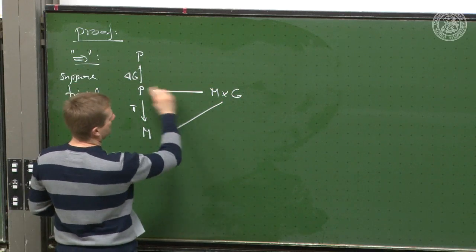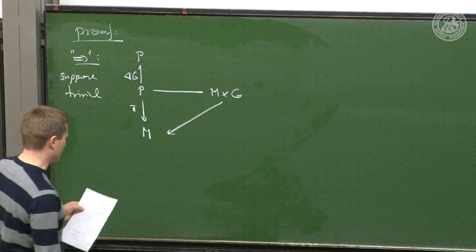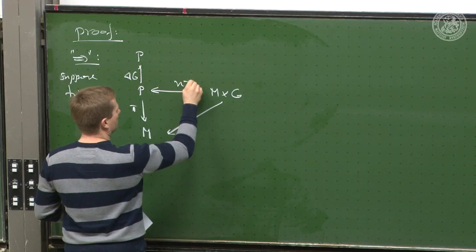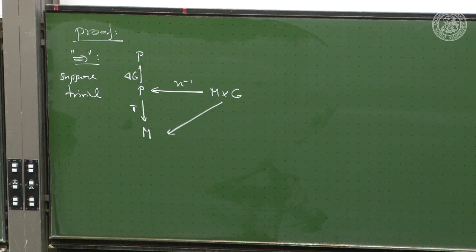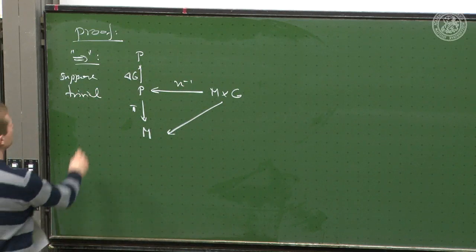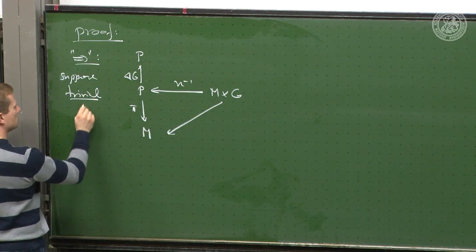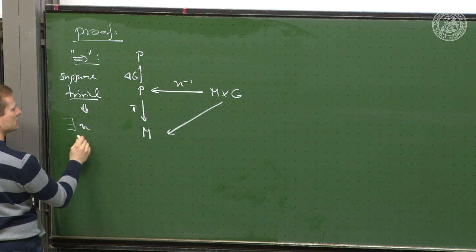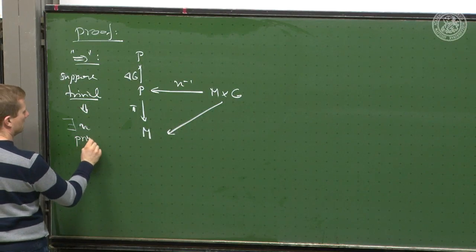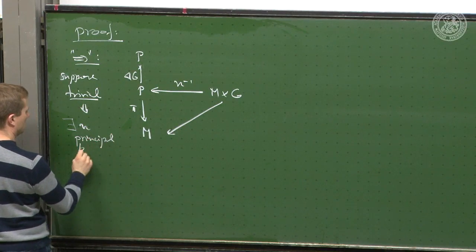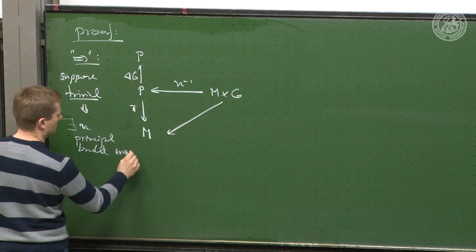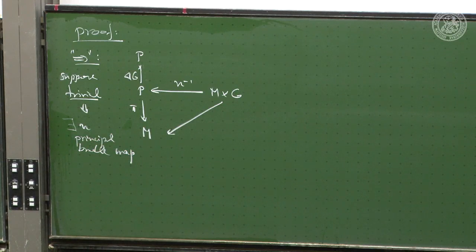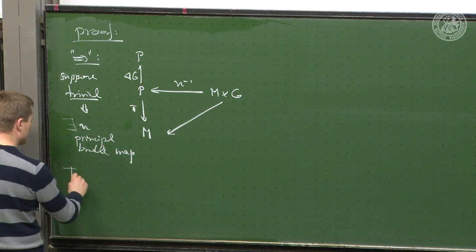It doesn't really matter in which direction I go, but let's say I go in this direction. If it's trivial, that means there exists such a U which is a principal bundle map. That's the assumption, okay?